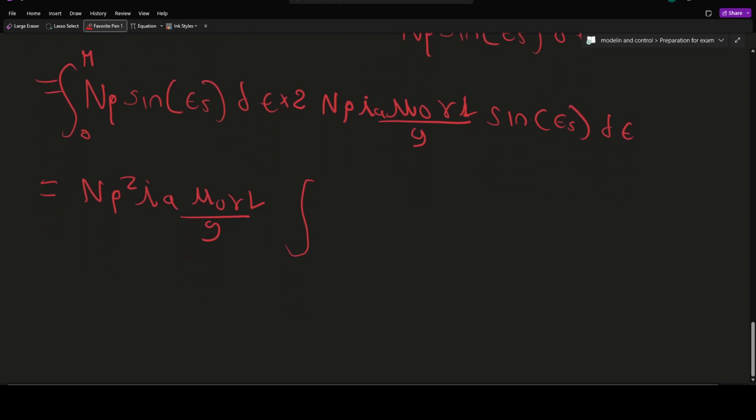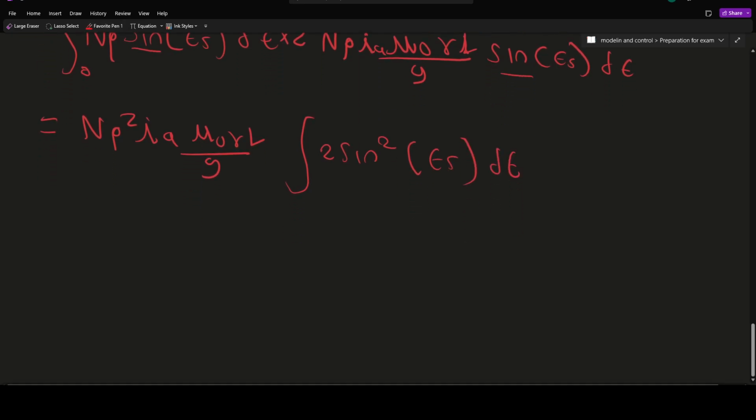So we have here 2 sine square, because we have sine here, 2 sine square, dE. Okay, so this is equal to MP squared IA mu naught R over G.